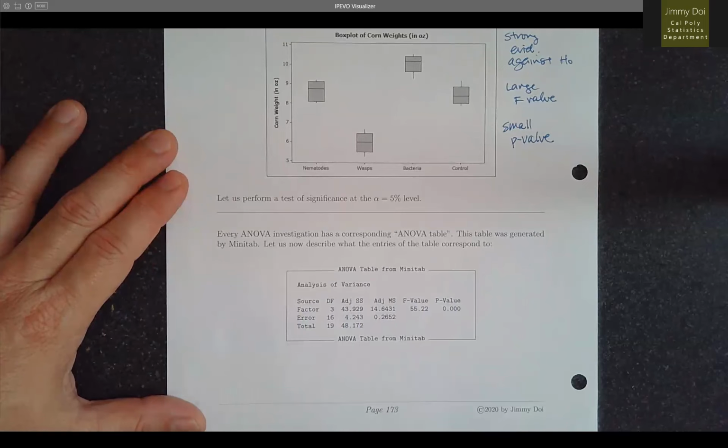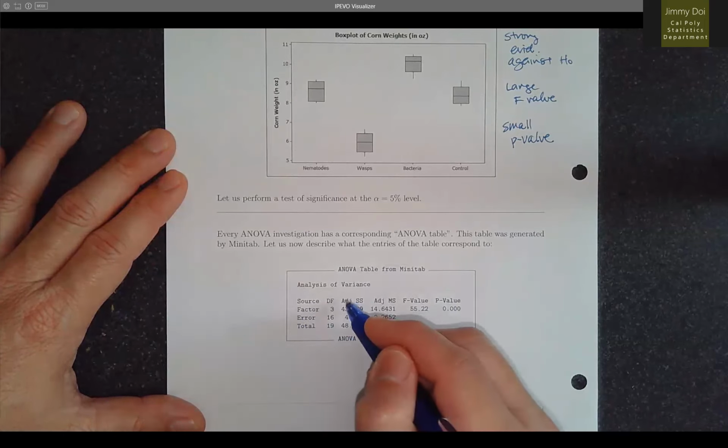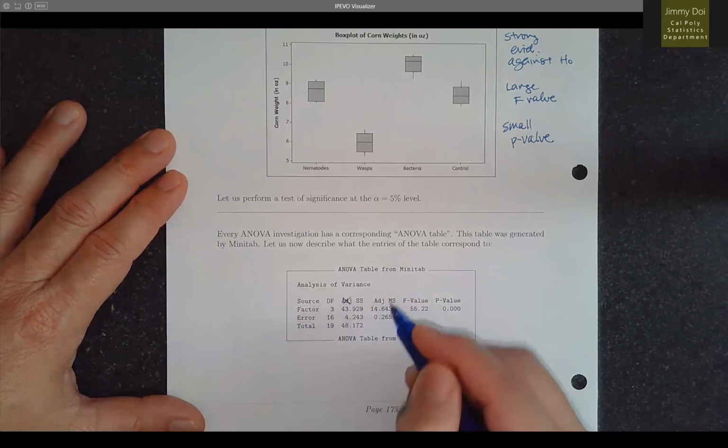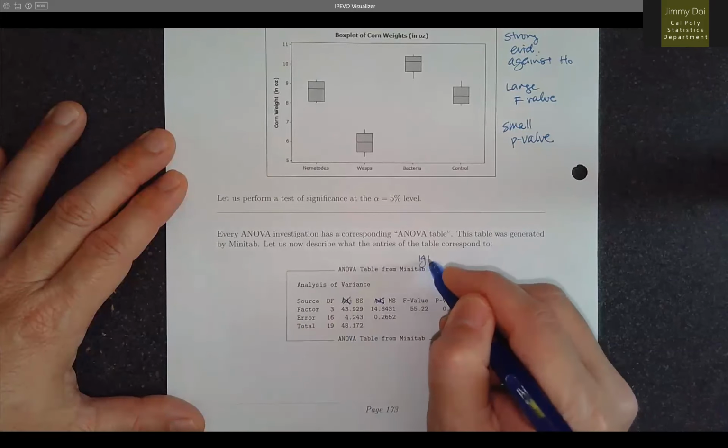Now I'm going to describe what each of these components correspond to. You'll notice this says source, it says factor, error, total. There's a column for DF. You could take a wild guess what that stands for. It's called degrees of freedom. And this ADJ, can you put an X through that? Not that it's wrong. It does mean something, but for our purposes, we don't need it. So ignore ADJ, please.